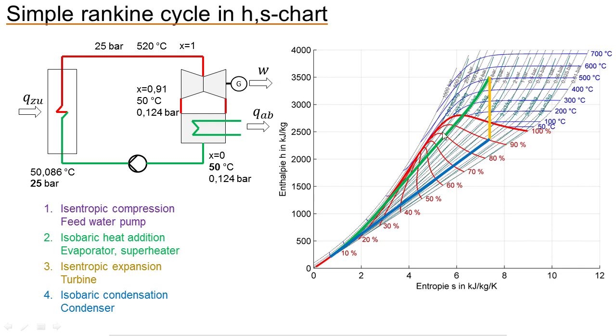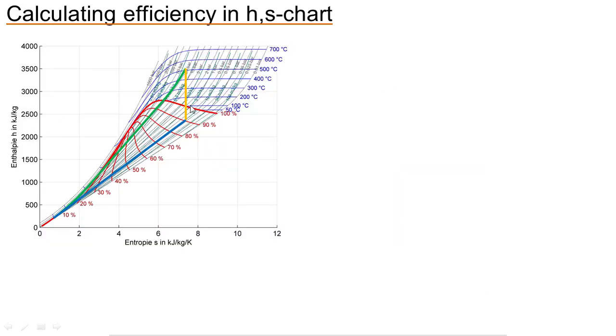If you know it's saturated steam, you have to know the amount of steam you have, and by knowing this amount or the state of the steam, or if it's water, the temperature and pressure, you can calculate the enthalpy. You can just look it up in this chart, or I will show you how to get an exact value in a few minutes.